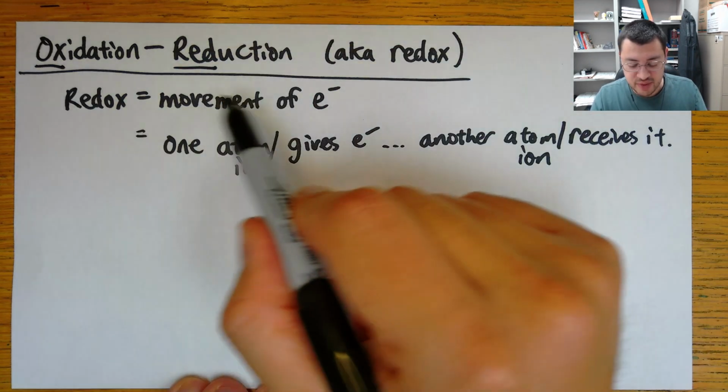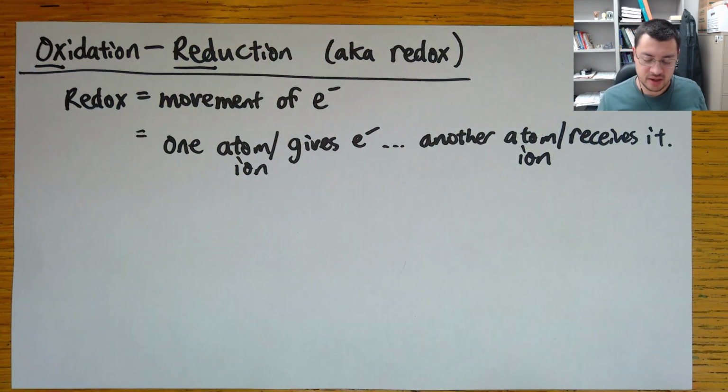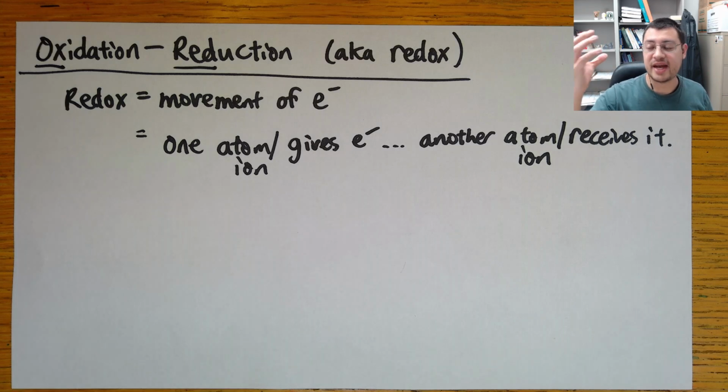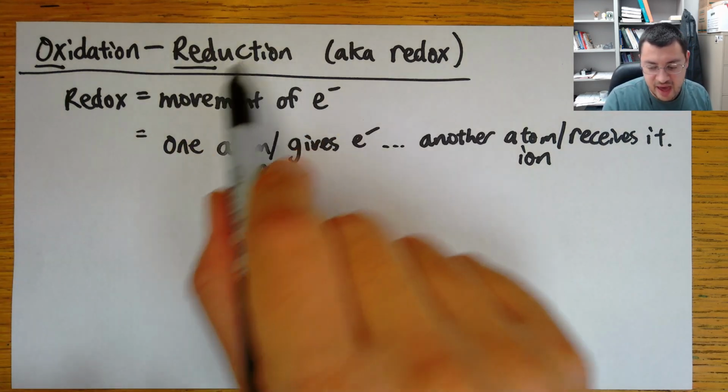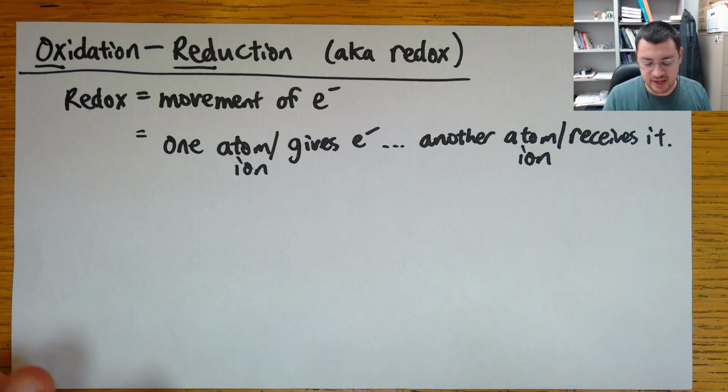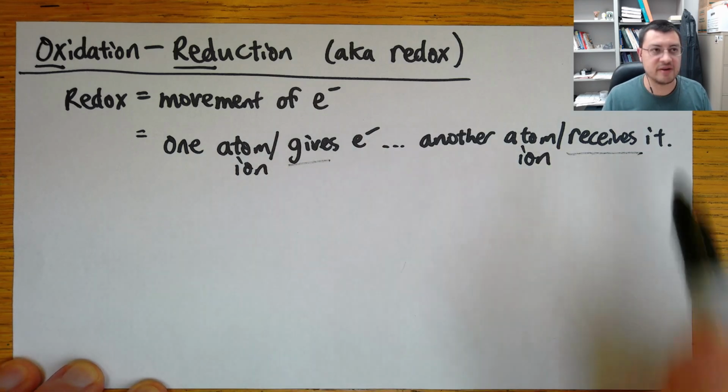All right, so redox just means the movement of electrons. In order to move electrons, you're going to have one atom that gives the electrons away, and then you're going to have another atom that accepts those electrons. You cannot have only oxidation, you cannot have only reduction. Both happen at the same time. There's always a giver and a receiver.